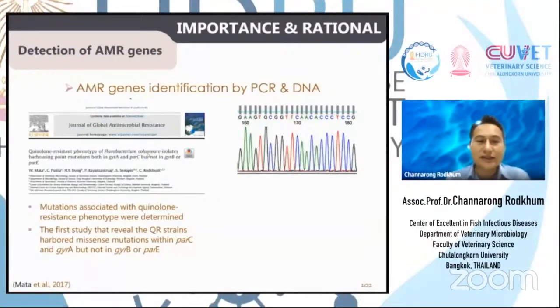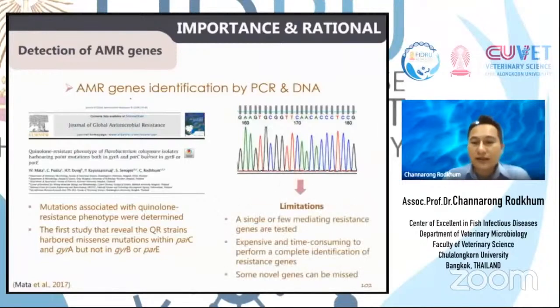This is the data from Flavobacterium columnare that we isolated from tilapia, not sea bass. This is the first study of ours in which we identified the AMR gene by PCR. The limitation of this study is that only a single gene or a few resistance-mediating genes are tested.